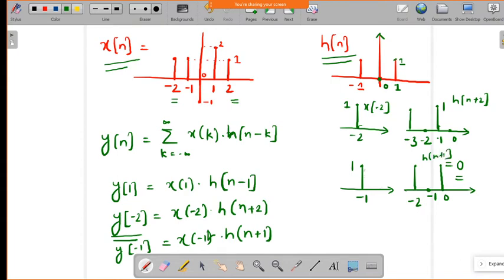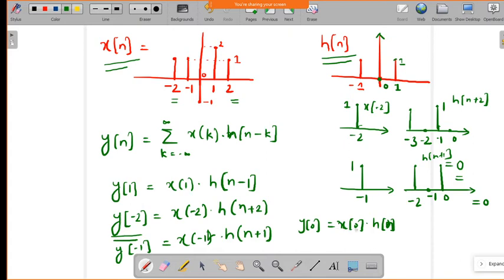So now multiply this one. At minus 1 it is 0 again, so this will give 0. And similarly y of 0, which is equal to x of 0 into h of n. So this is k equal to 0.